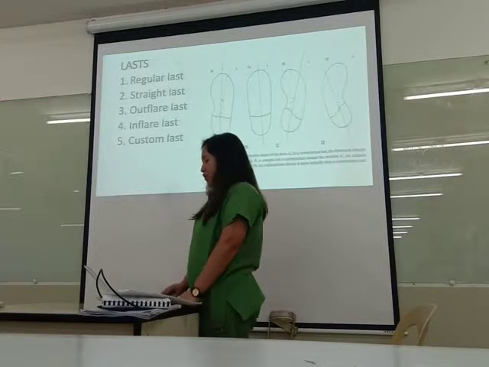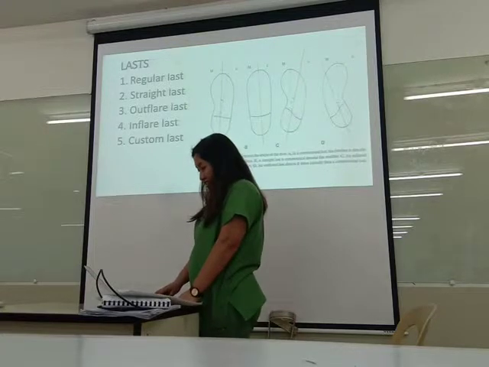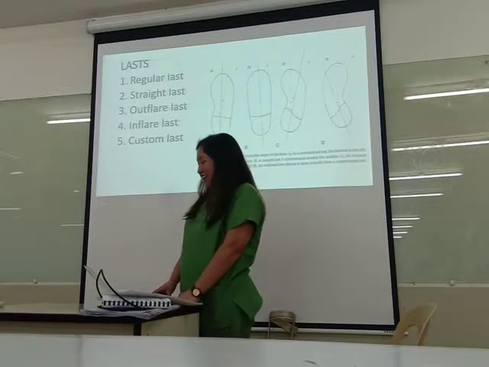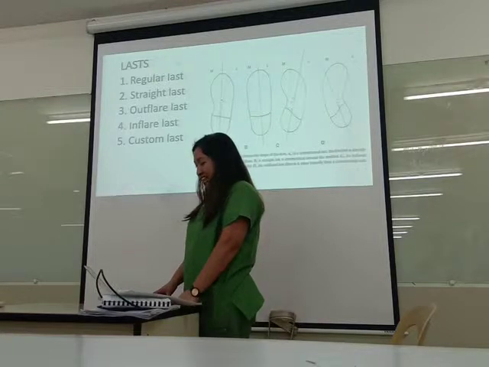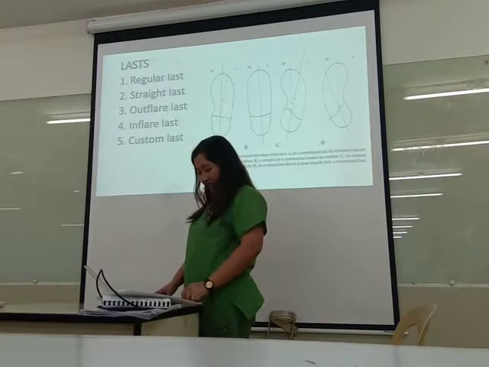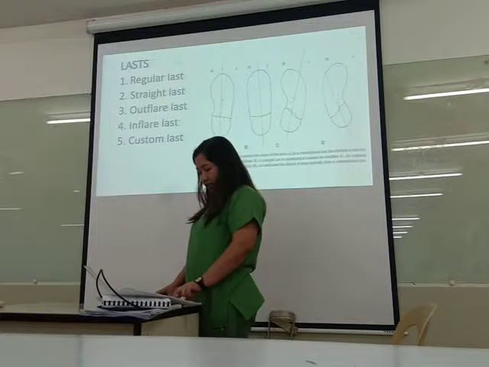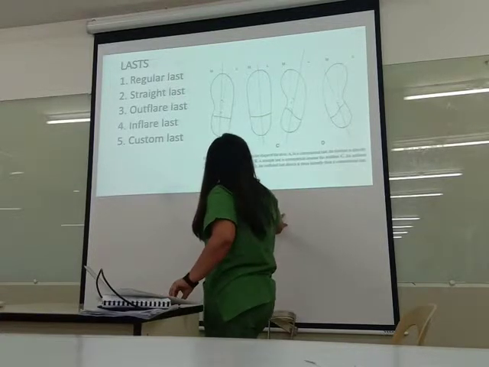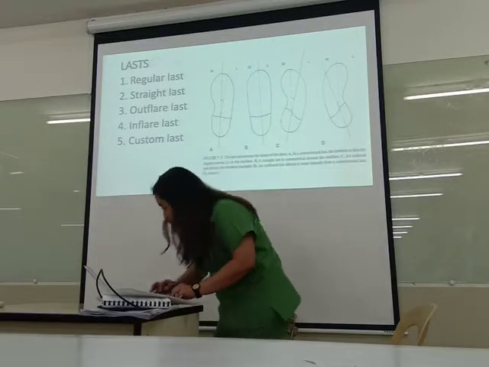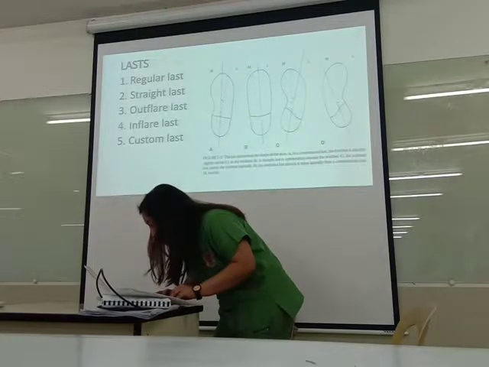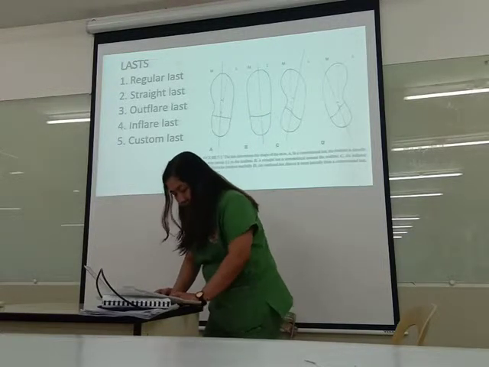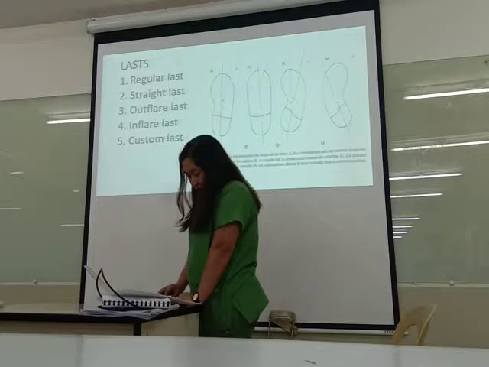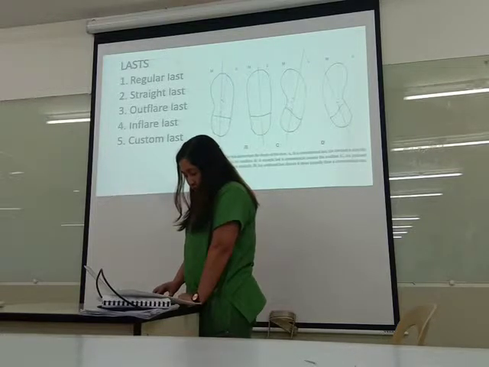Okay, next. So lastly, ito yung last. We have the regular last, straight last, out flare last, and in flare last. So yung regular last, it duplicates the shape of healthy foot. For the straight last, the medial border of the shoe approximates a straight line from heel to tip of hallux.